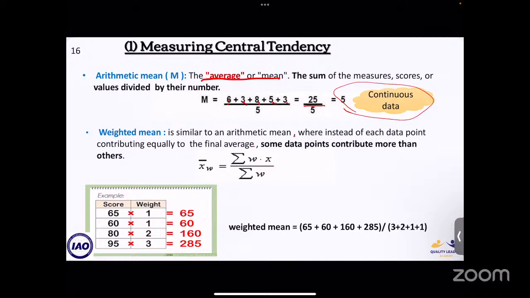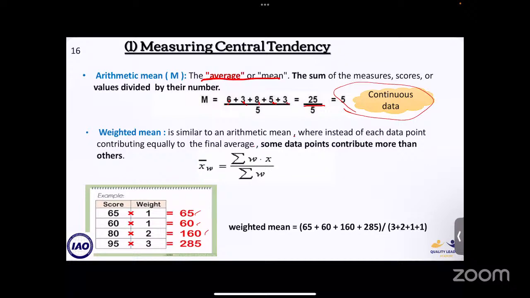So how do we calculate the weighted mean? By multiplying each value by its weight. For example, we have a score of 65 times 1, that will give us 65. 60 times 1 will give us 60. 80 times 2 is 160.